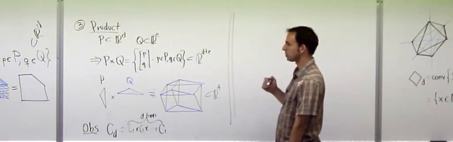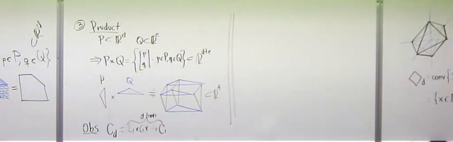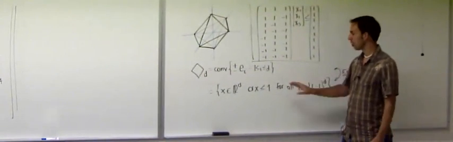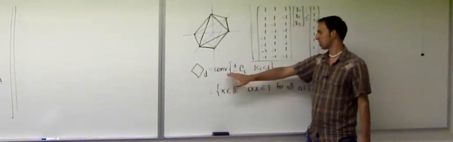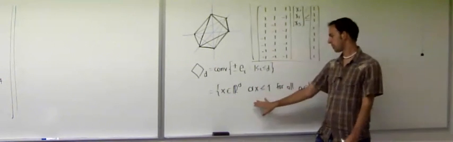So what I want to discuss next is how, in the examples that I showed you of simplex, cube, and cross polytope, for each one I gave you two descriptions. One description was as the convex hull of something, and another description was as the set of points satisfying some inequalities.